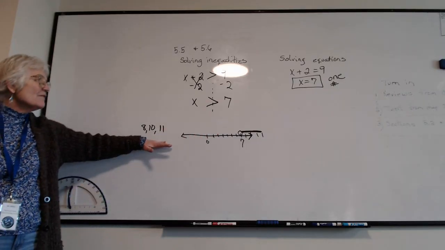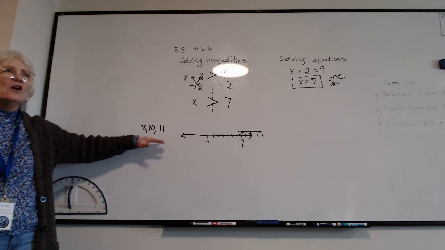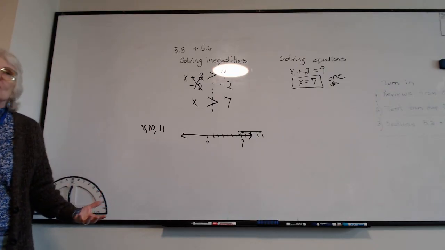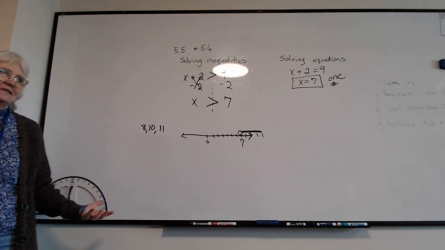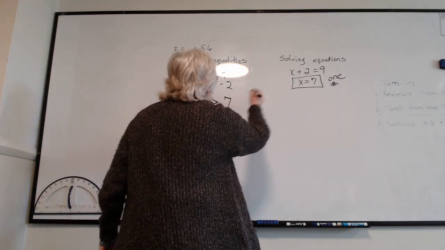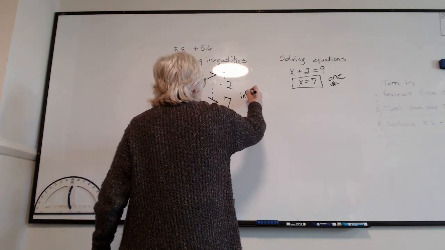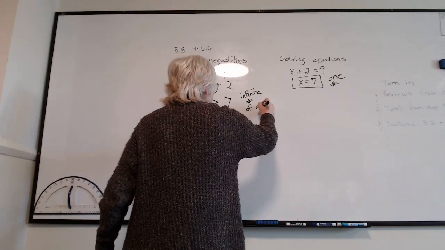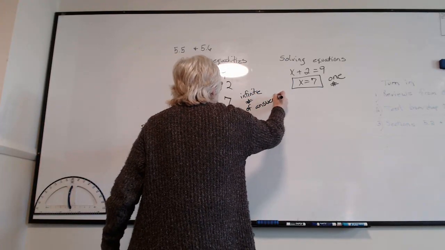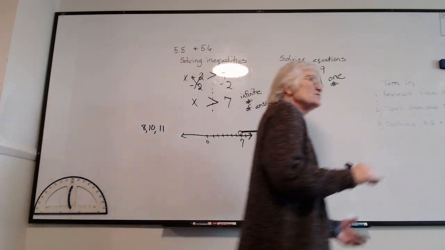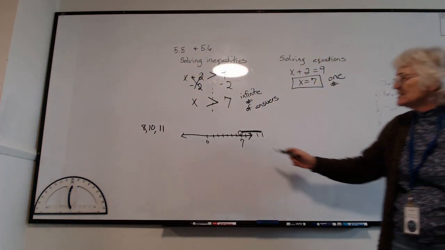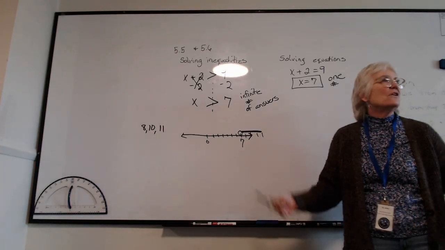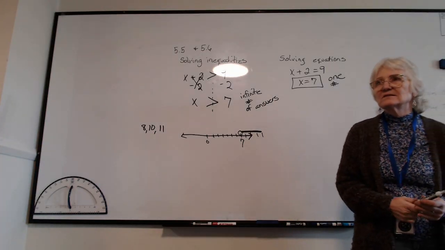So we graph the numbers because it's really hard to say what the answers are because there's actually a whole bunch of answers. So instead of just one number, there's actually an infinite number of answers. And so we put those on a number line to show what numbers. This is much easier to say, oh, it's 8, 9, 10, 11, 7.5, all those numbers that are greater than it.